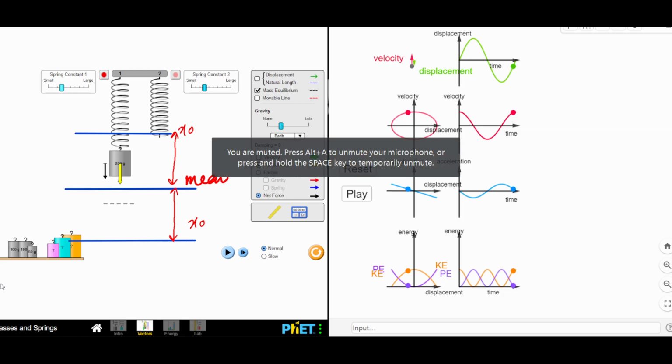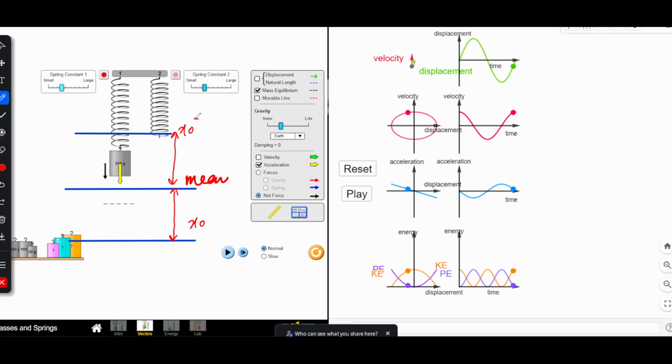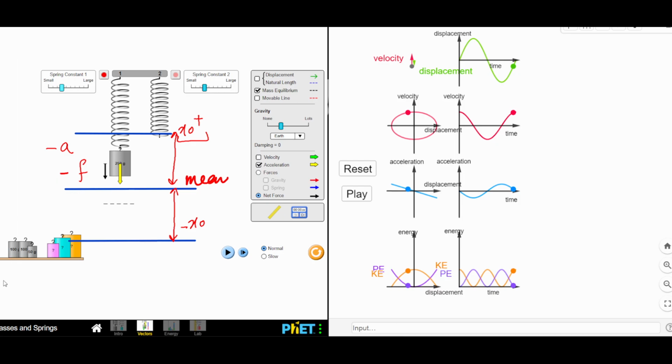Notice that we are on the positive displacement side. This region is the positive displacement and this one is the negative displacement. But if we are in the positive displacement region, the force is acting downwards in the negative direction, and so is the acceleration. Similarly, when this comes down, let's let it play.